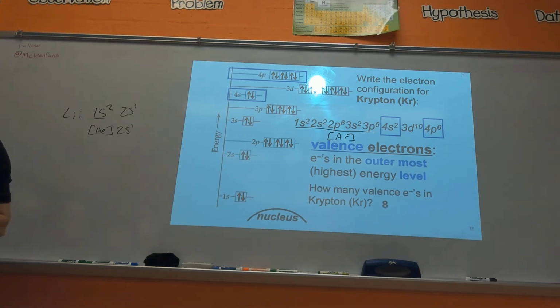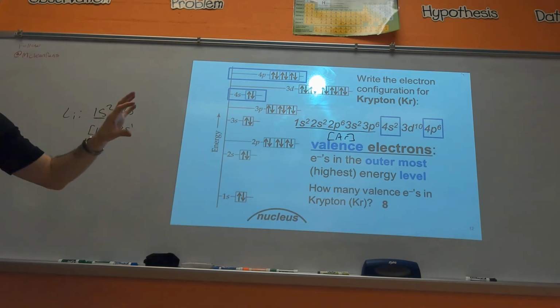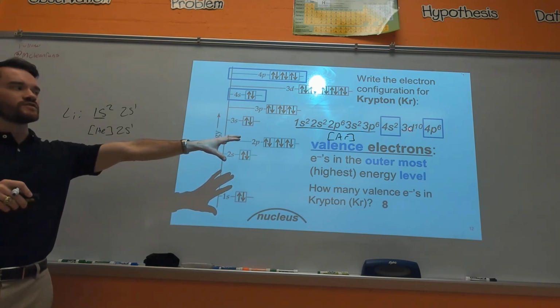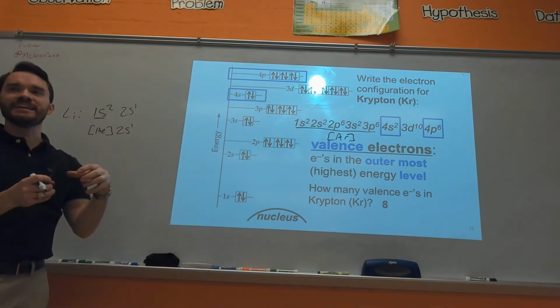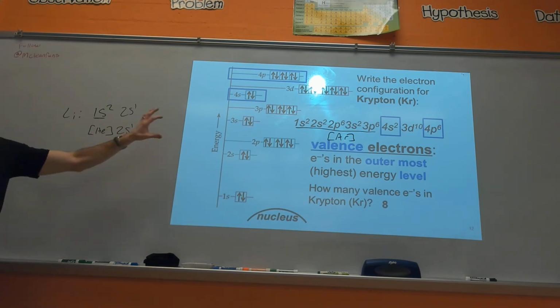I still don't understand why the 3d is one behind. It's just a quirk of how the electrons in the transition elements behave. Basically, that cloverleaf shape, the electrons in that cloverleaf shape, they technically reside in the third energy level, in how far they are from the nucleus.